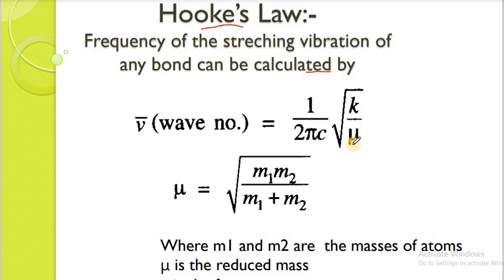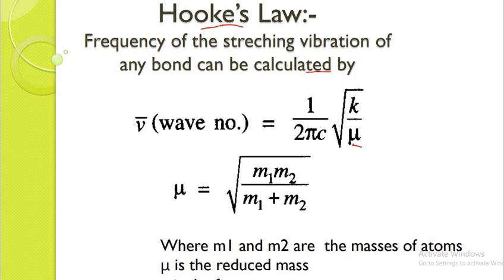Here mu is the reduced mass. So wave number is given by 1 over 2 pi c under root k over mu, where the various terms have their own meanings. And mu is also given by mu is equal to m1 m2 over m1 plus m2, where m1 and m2 are the masses of the atoms between which the bond is present, and mu is the reduced mass, as I have already told you earlier.